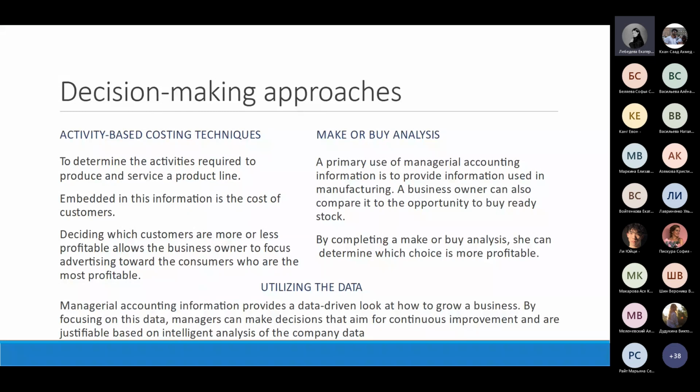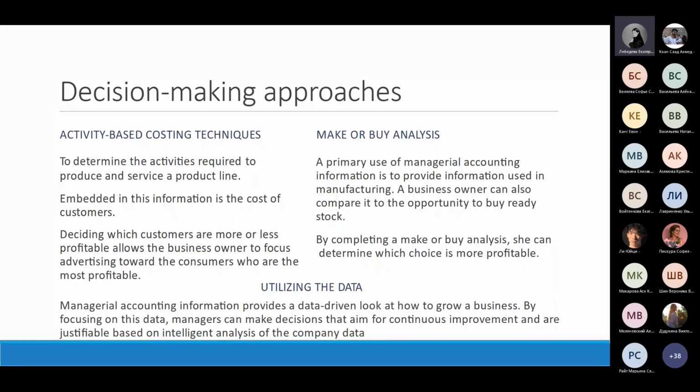For example, we can calculate our activities not only from the production point of view, but also from the customer service point of view, and we can understand the activity of each client and the use of this activity in our profit generation process.